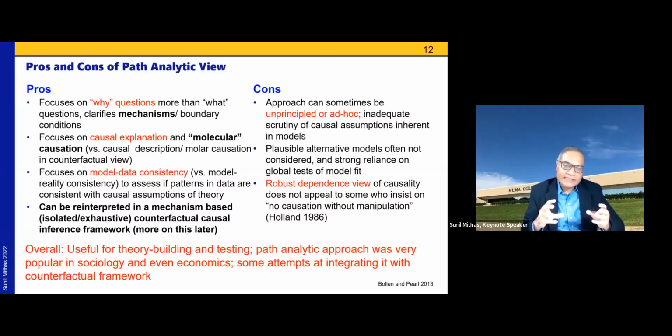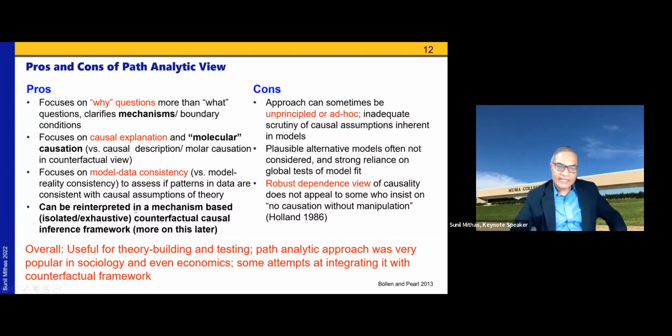So path analytic view, they believe, allows us to talk about individual pathways that result in a particular outcome. Rather than, if you were to use an experimental approach, you can establish some effect, but you will only do so using causal description. You cannot pinpoint the exact theory that creates that particular effect in the counterfactual view or using an experimental approach.